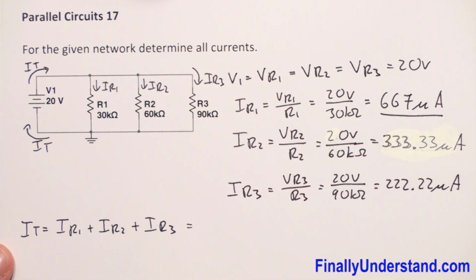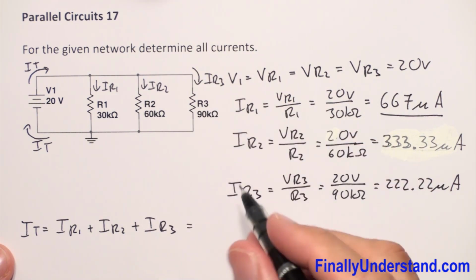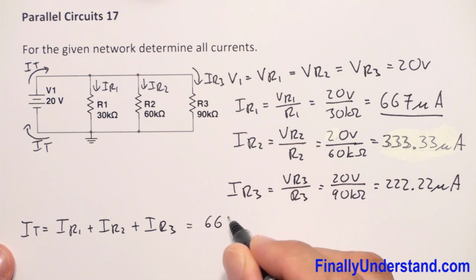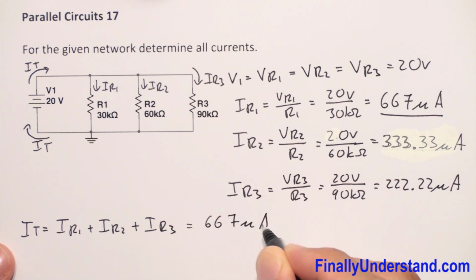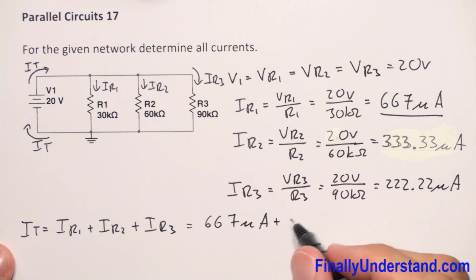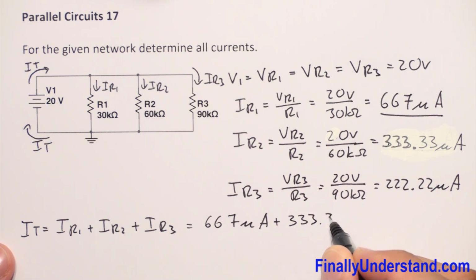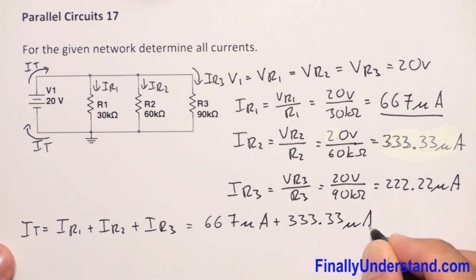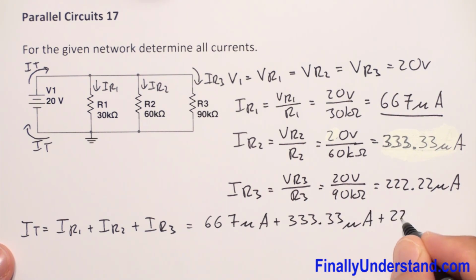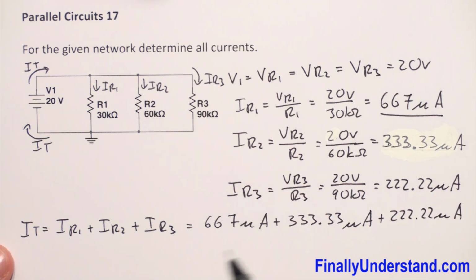So I total is equal to 667 microamps plus 333.33 microamps plus 222.22 microamps.